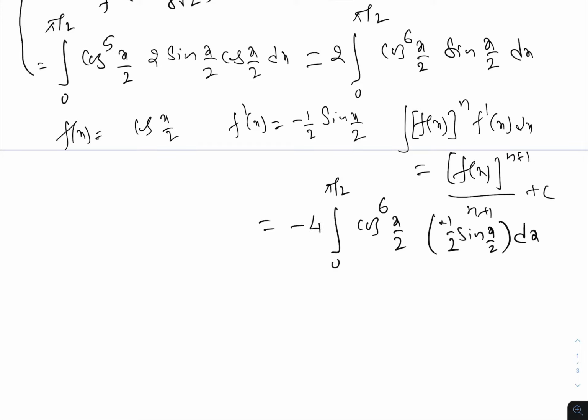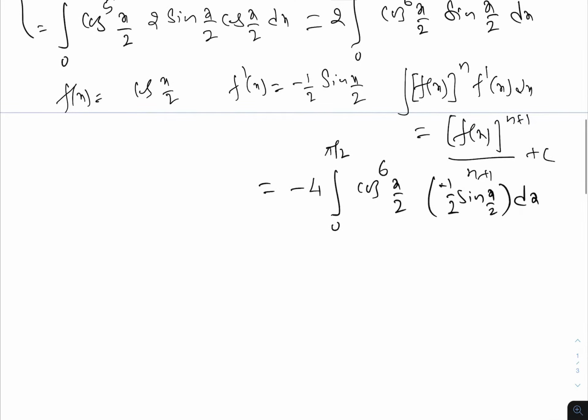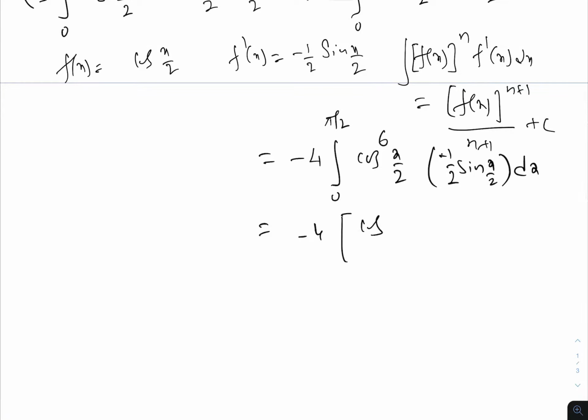It is minus 4, divide by 2, multiply by 2, with the negative sign also. So now this is exactly in that form. So we can now solve: this is cosine power 7 (x by 2) upon 7, from 0 to pi by 2.